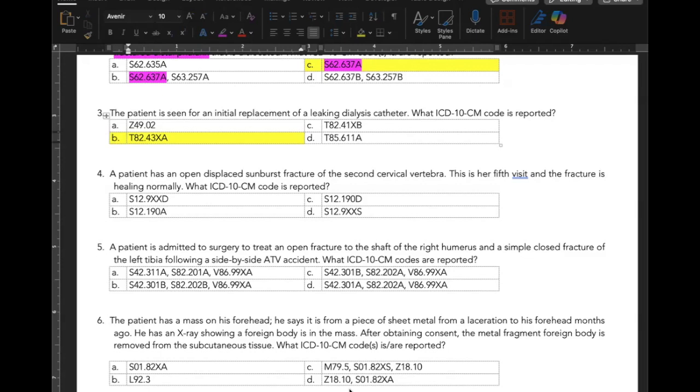Well, underneath, so did you go fracture, neck, cervical vertebrae, and then second? Is that where you are? Yes, ma'am. Okay, and you said underneath second, you don't see an option for what? In the answers, I don't see the option for an S12.190. So look at your indentations underneath second, we have non-displaced, we have dens, and we have specified.